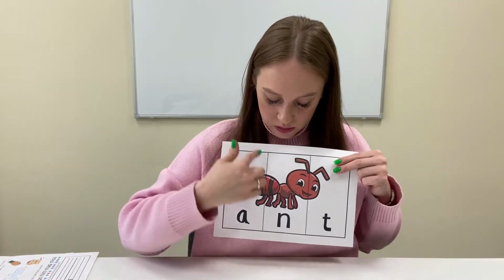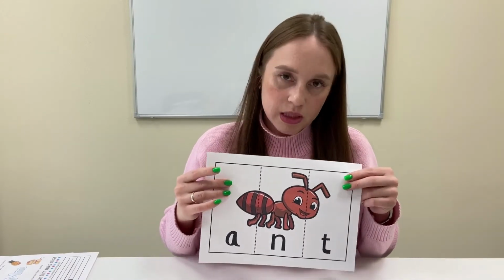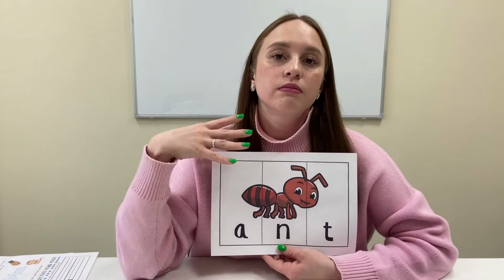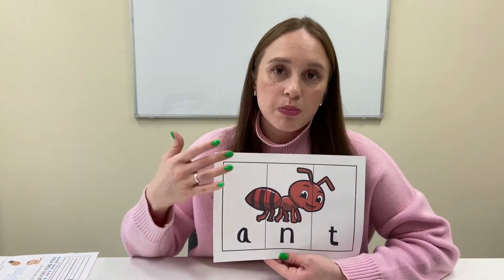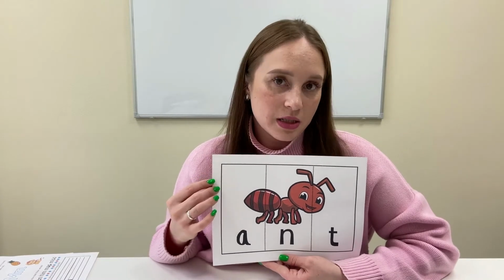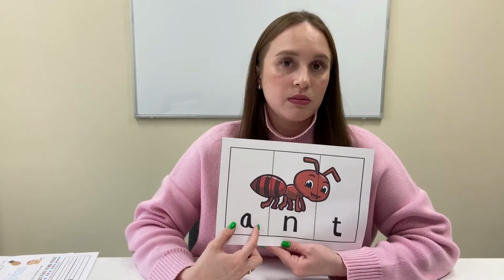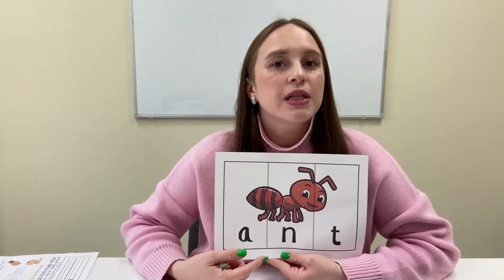You cut out these pieces and you give this puzzle to the student. They make the puzzle and they can read. Such boxes provide guidance to the student and they can understand that each symbol represents a separate sound.